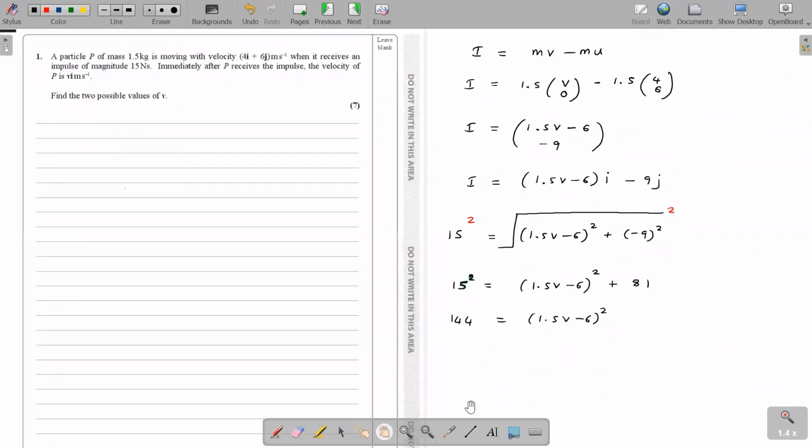It's better to keep it like this, we don't need to open the bracket, because if you open the bracket, you'll end up getting a quadratic equation with v and you'll have to simplify the coefficients.